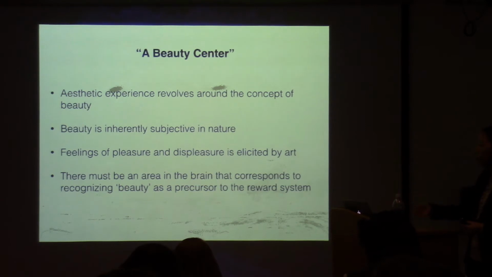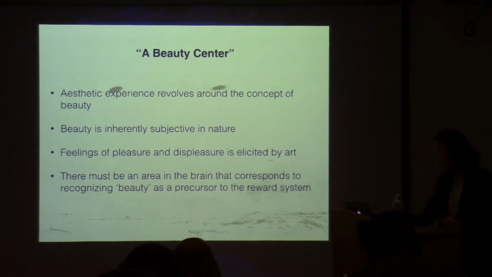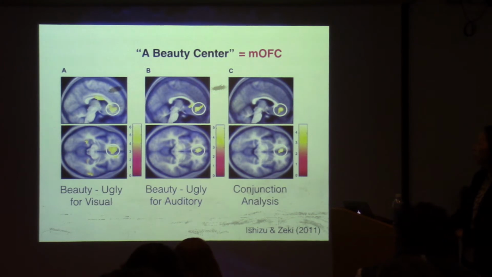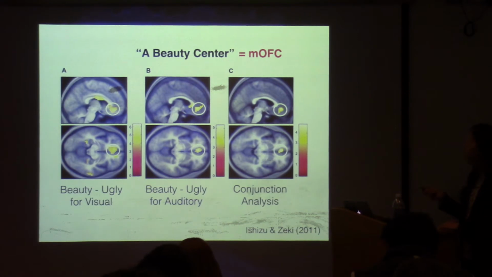They want to explain why we feel pleasure, so they're bringing in the reward system here, the limbic system. In 2011, this study got published, and the authors claim to have found the beauty center. It's deep in this frontal area, called the medial orbitofrontal cortex.